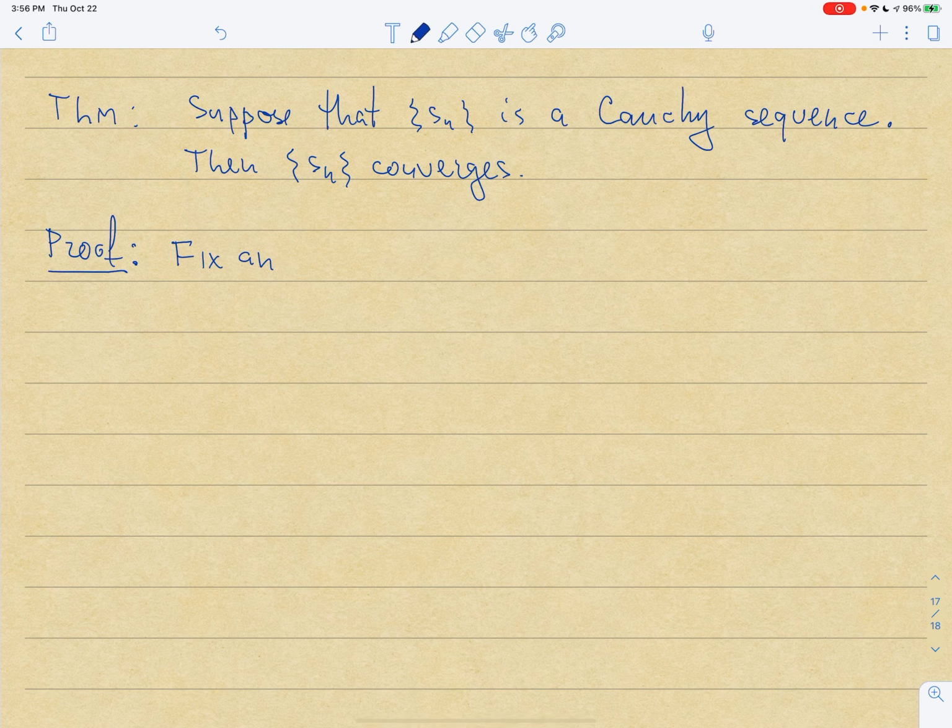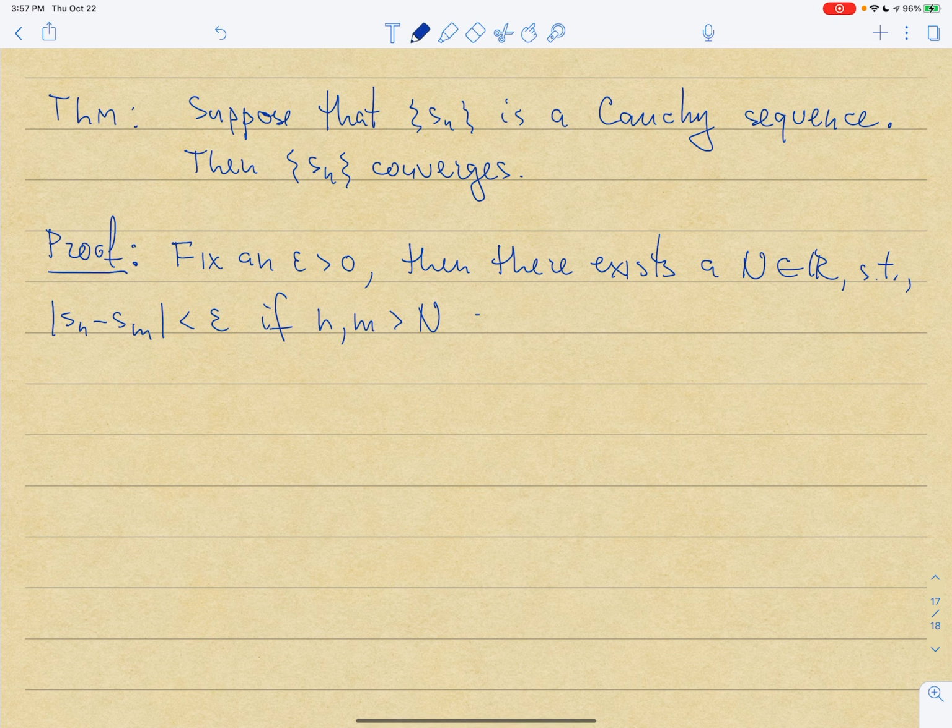Okay, so with this in mind, let's actually rewrite the same expression without using the absolute value sign. So this would be equivalent to saying that minus epsilon is less than Sn minus Sm less than epsilon, again, if both m and n are greater than capital N. And I'm going to add Sm to all three sides.